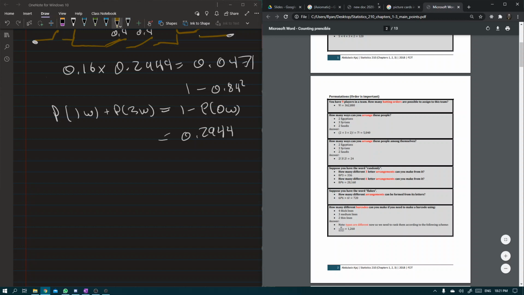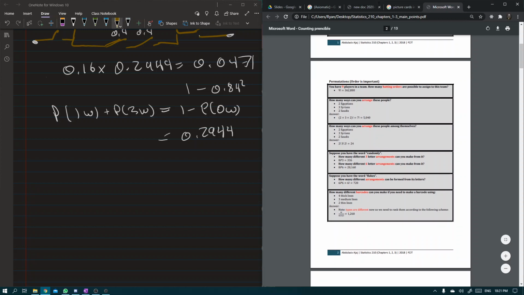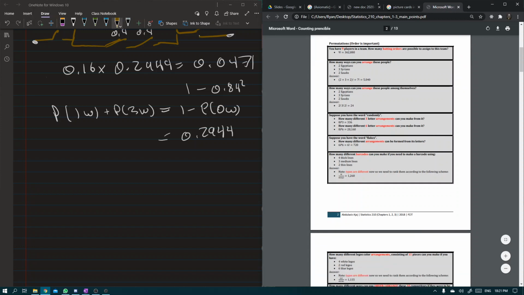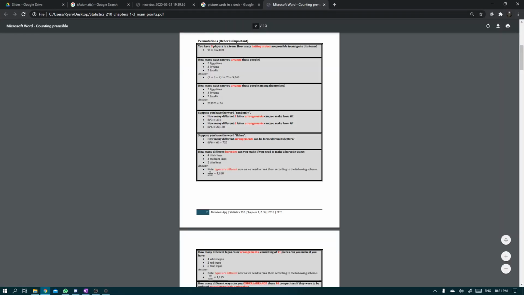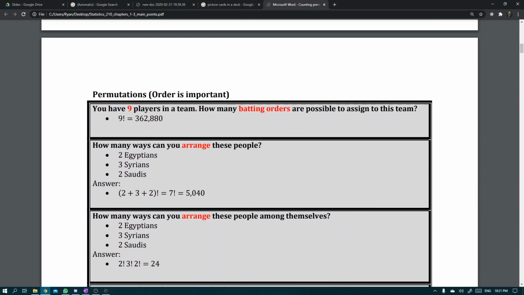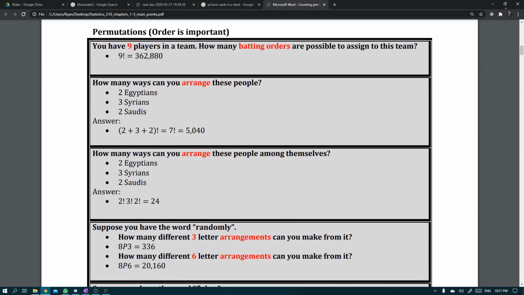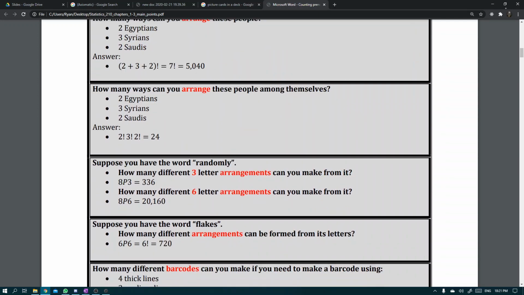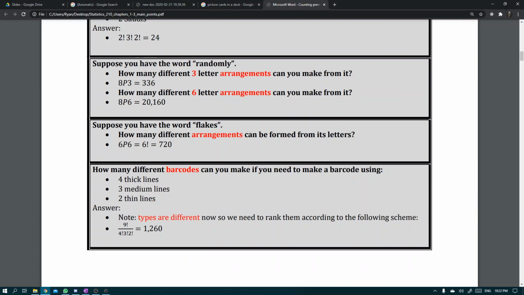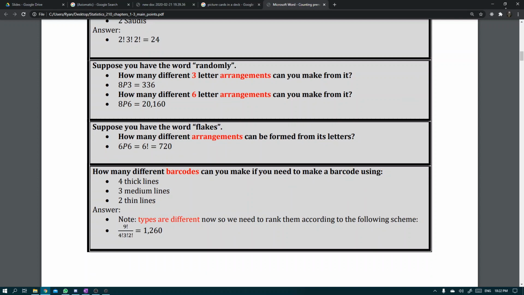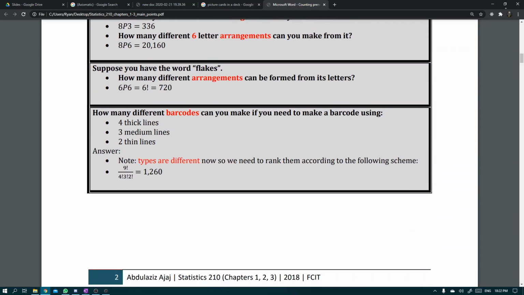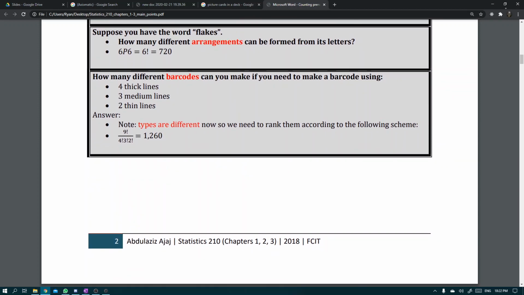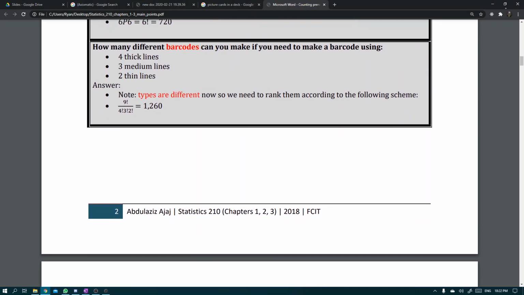I probably won't, I'll just scan it in class. Who is this?